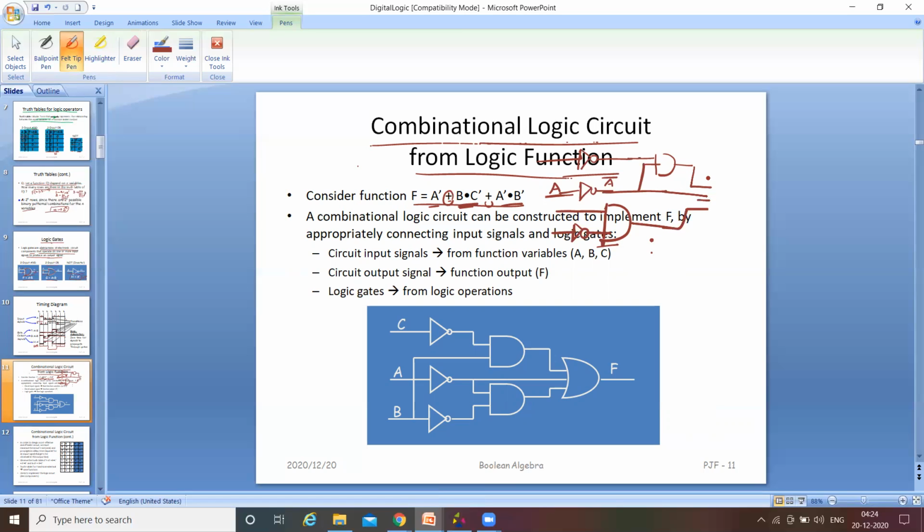All are OR operator, means OR symbol. Like this, simply. See here circuit inputs from function variables A, B, C and output function is F from this equation and logic gates from the logical operations.